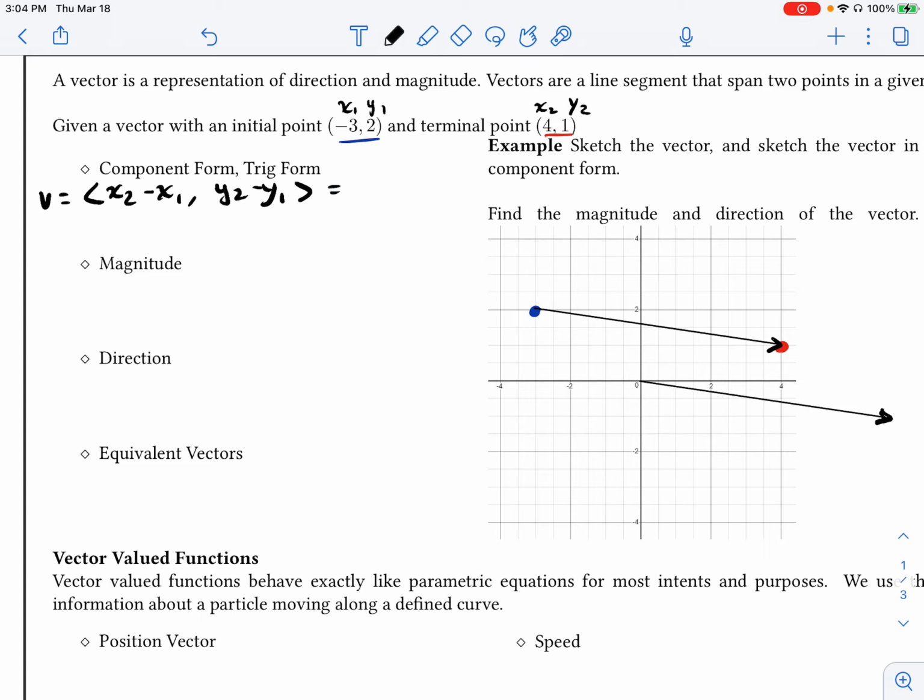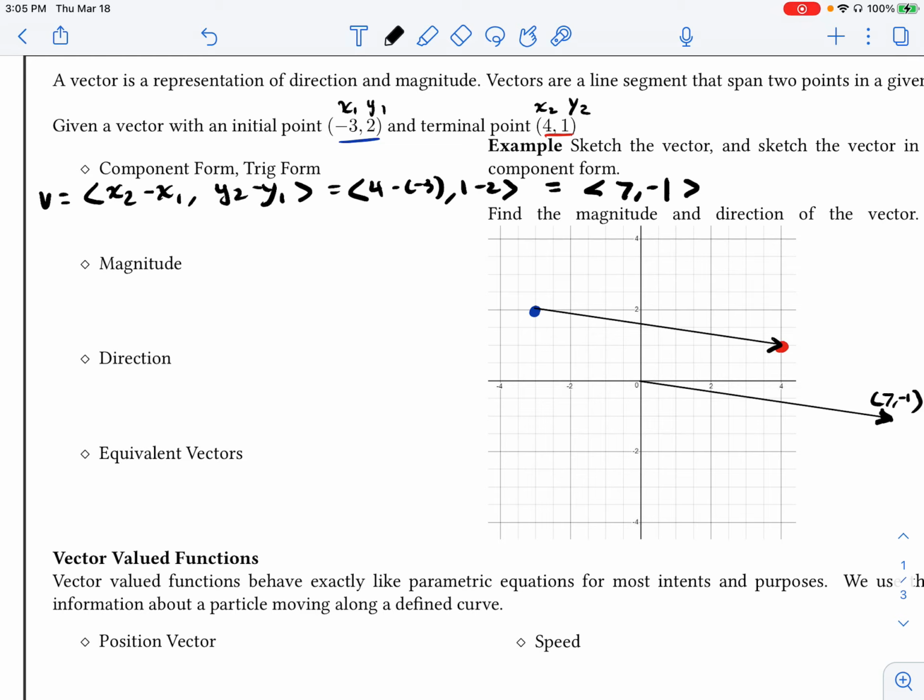That is equal to, in this case, 4 minus -3, and then 1 minus 2. And so all of that comes out to the following component form, 7, -1. And so we'd see here that this vector is equivalent to the vector that ends at the point 7, -1. And that seems to be pretty close to what I've drawn there. So there we have that.